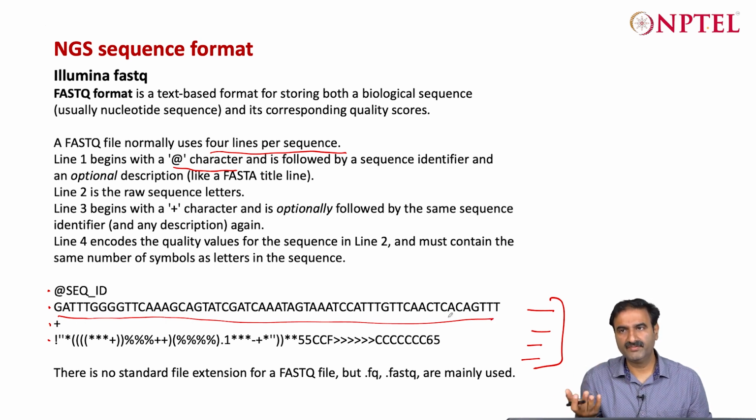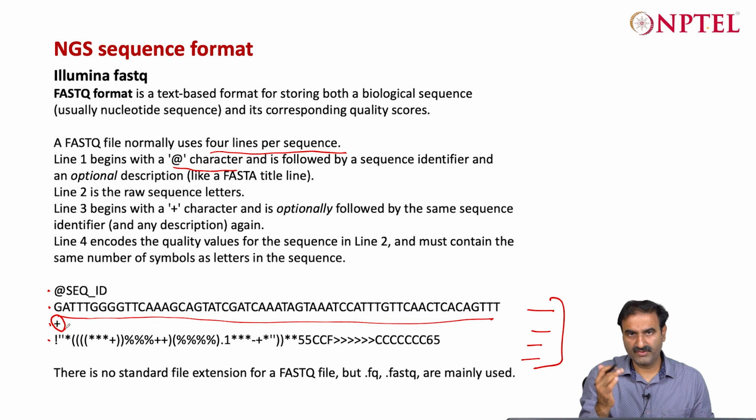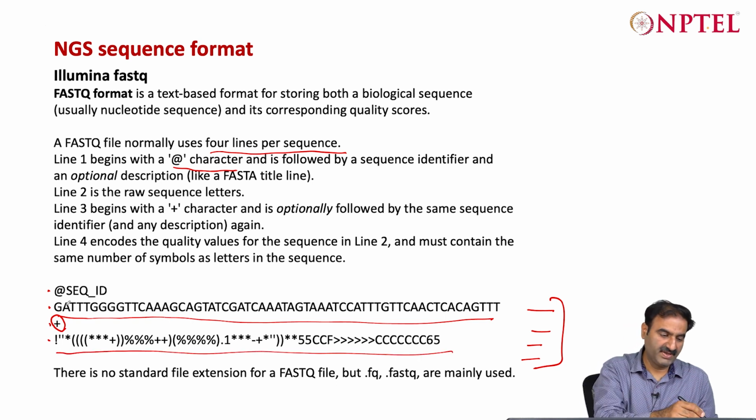If it is 75 base pair, it will be 75, and so on with the other options available with the sequencer. After this there is a standard delimiter between the sequence and the quality values: a line containing a plus. Then come the actual quality values. For example, the quality values are exclamation, quotes, star, and so on.